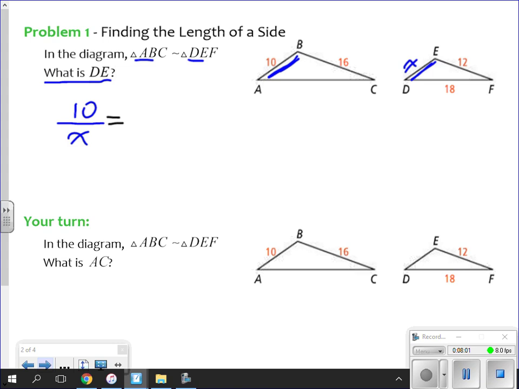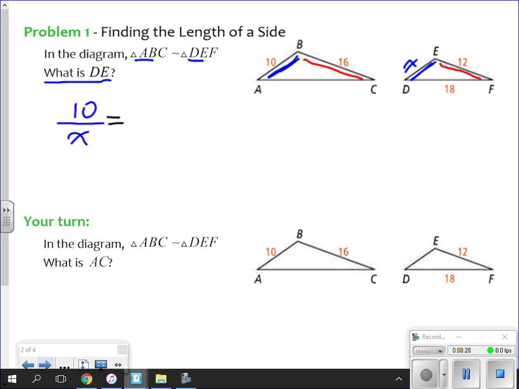Okay, so any ones where I look at it, well, I'm given this one here is the only one with the measurement I'm not already using. So I have this length here. Which side does it match up with on the other one? Yeah, EF, which is 12. So I have this side to that side. So now I can set up a ratio with these two as well.